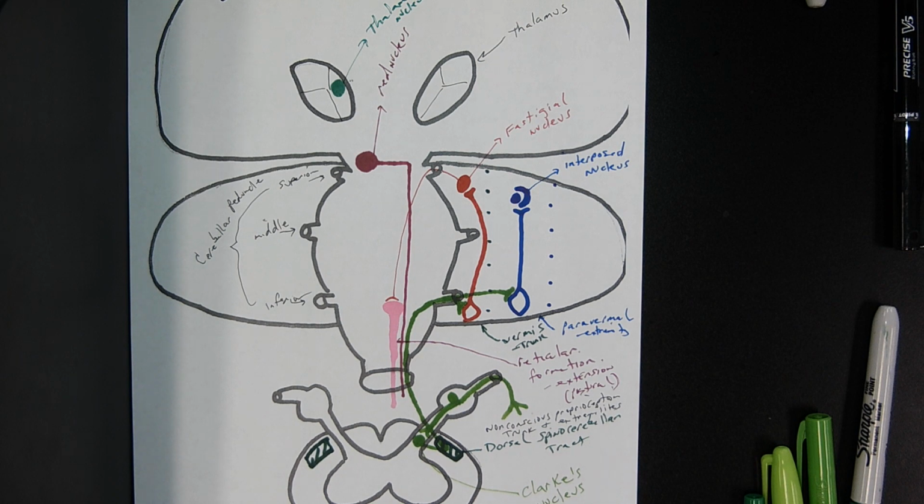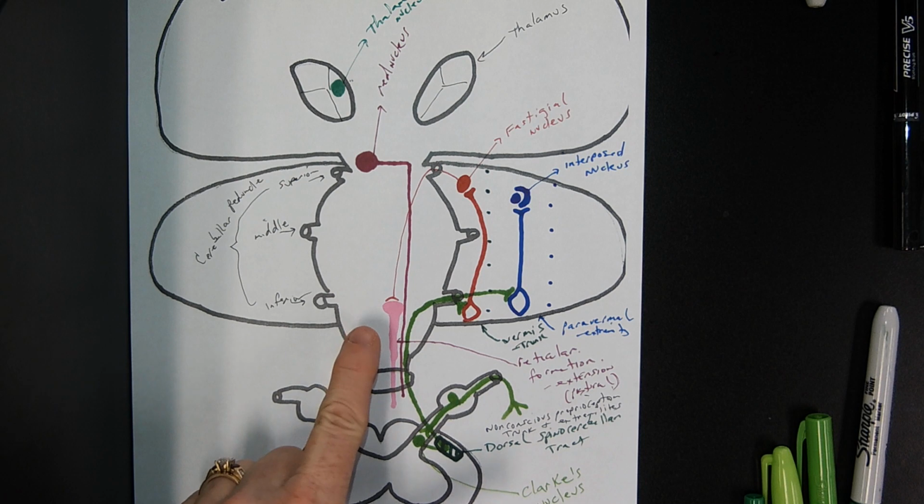Okay, so trunk musculature: the fastigial nucleus is hooked up with the reticular formation.